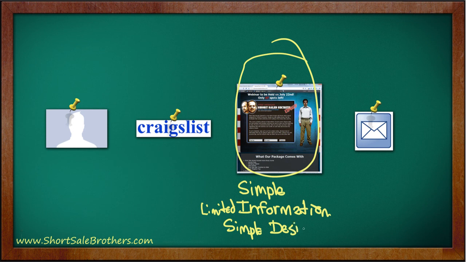Because, again, you want the information that we ask for to be simple and limited, but you also want the overall design to be very simple. You don't want a lot of background information that's going to confuse them, or background graphics or things that are going to distract them from the page.